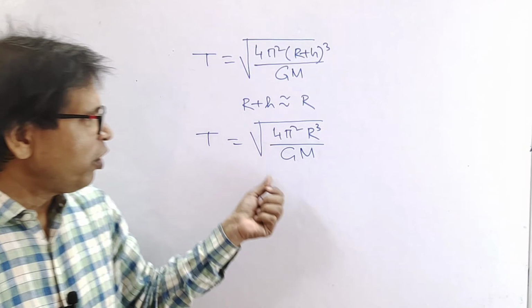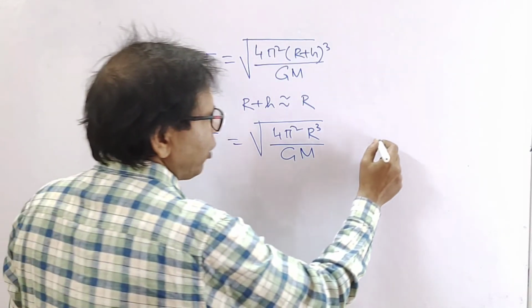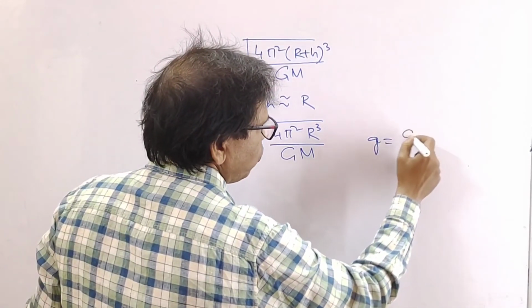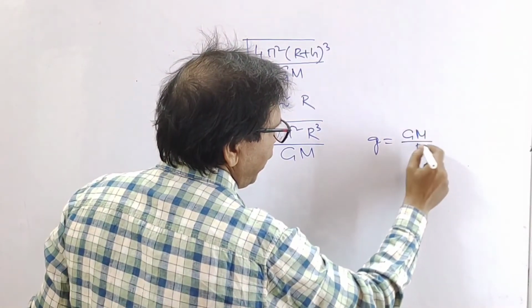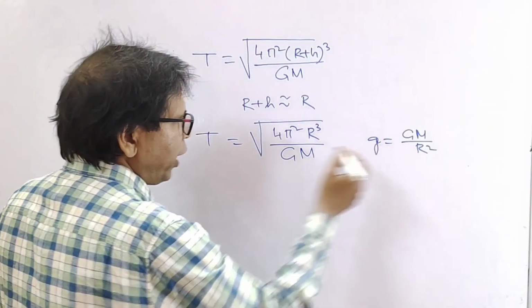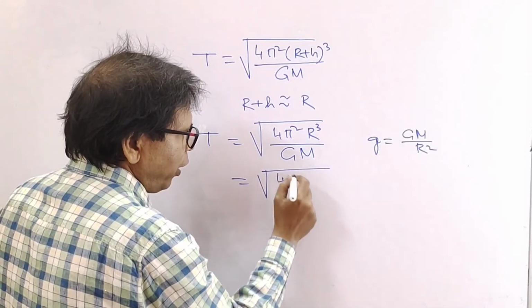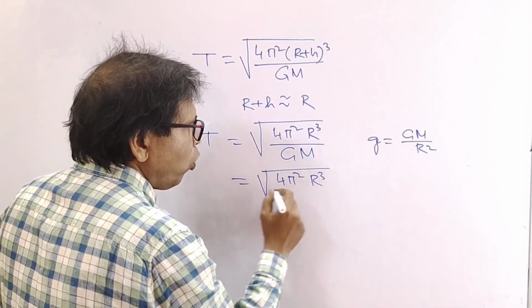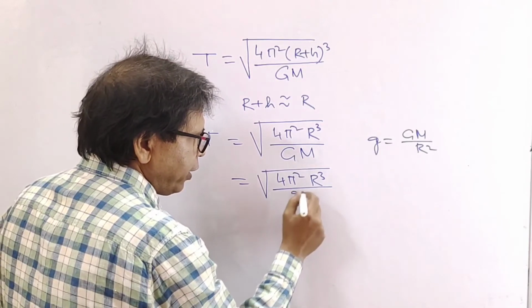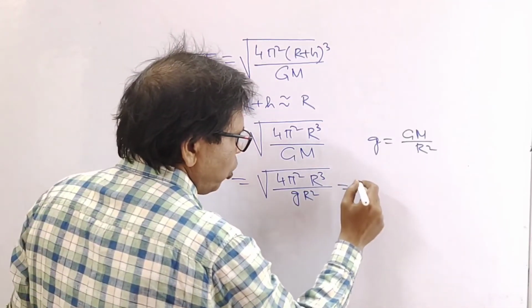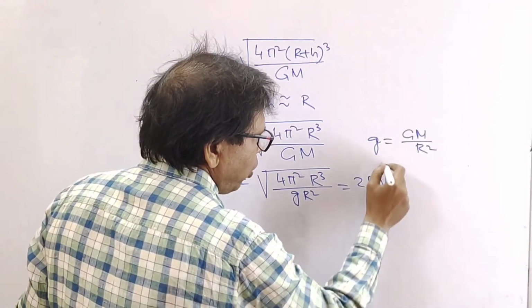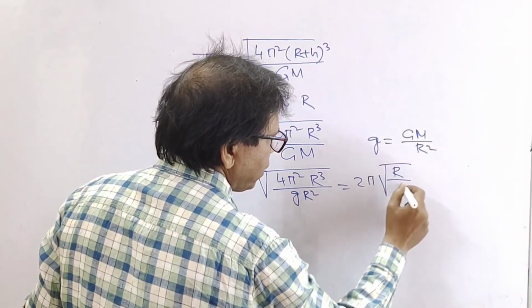Now we know g = GM/R², so GM = gR². So this is 4π²R³/gR². Therefore T = 2π√(R/g).